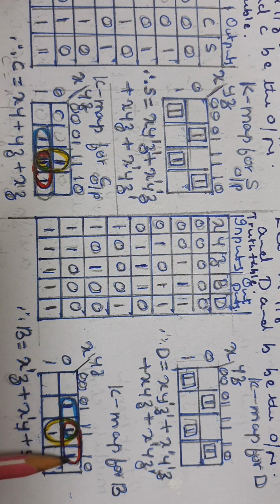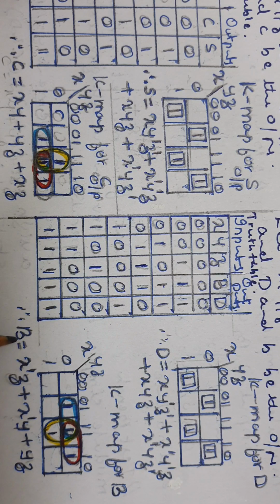Next, for this pair, row wise x is 0, x dash, column wise this one corresponds to y, hence x dash y is common. So for this second group. For the third group, row wise nothing is common because x is 0 here and 1 here. And for this group, column wise 1, 1 is common which corresponds to yz, hence yz.